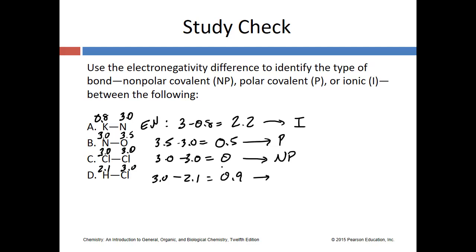Anything above 0.4 is considered polar, so hydrogen to chlorine would be polar. The key aspect of this kind of question is looking at those electronegativity values, doing the subtraction, and seeing where on the table it fits.